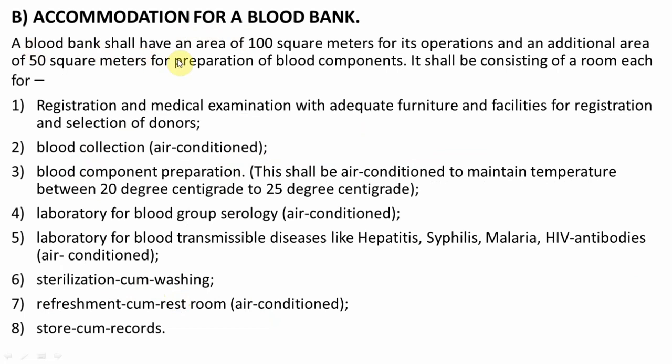A blood bank shall have an area of 100 square meters for its operations and an additional area of 50 square meters for preparation of blood components.